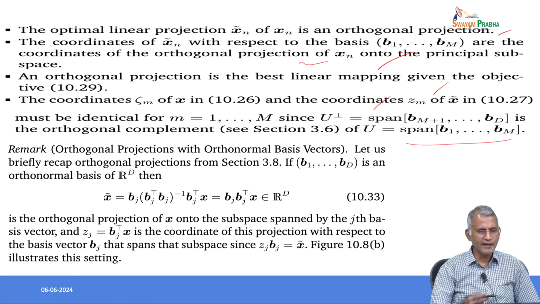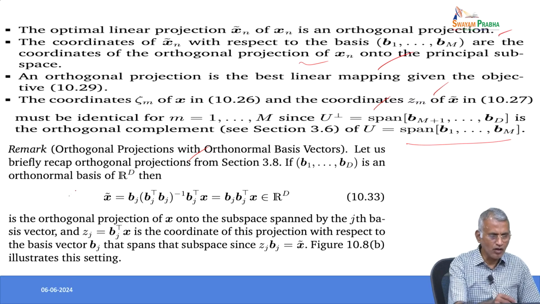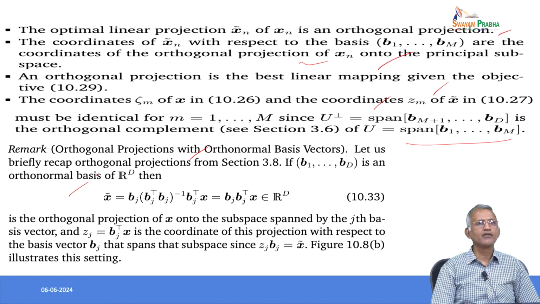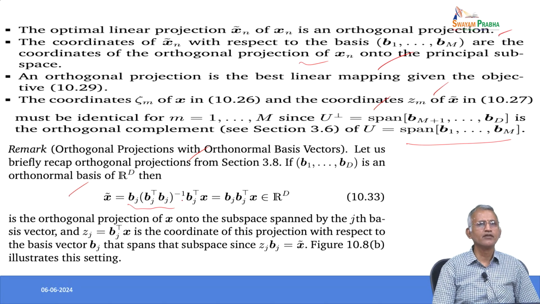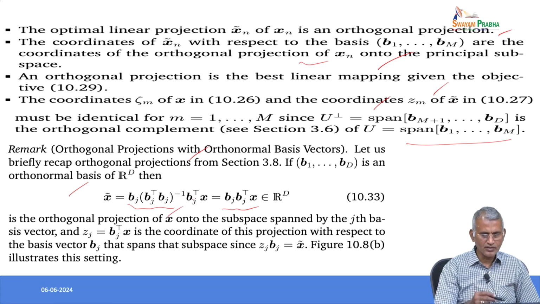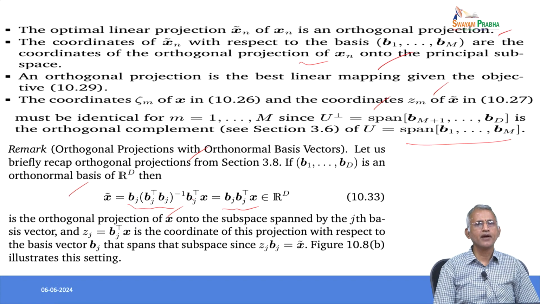Let us briefly recap orthogonal projection from the section. If b1 to bD is an orthonormal basis in R^d, then x bar equal to bj (bj transpose bj) whole inverse bj transpose x, which is equal to bj bj transpose x belongs to R^d, is the orthogonal projection of x onto the subspace spanned by the jth basis vector.